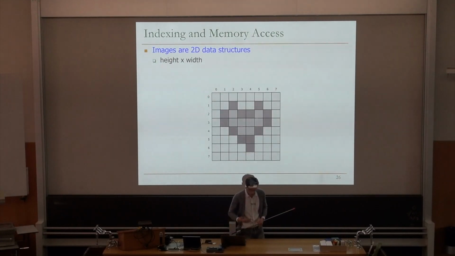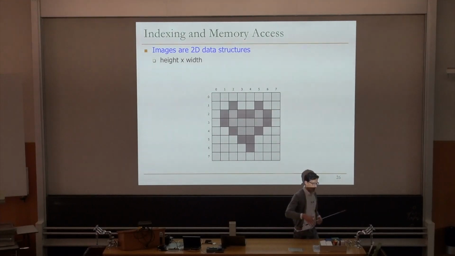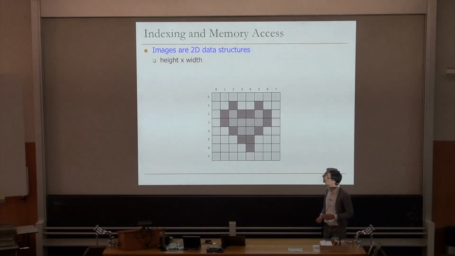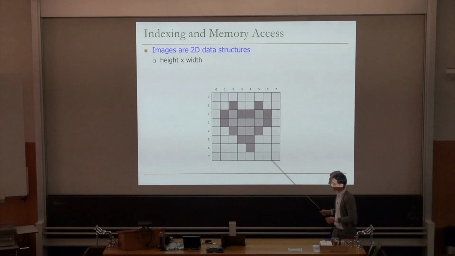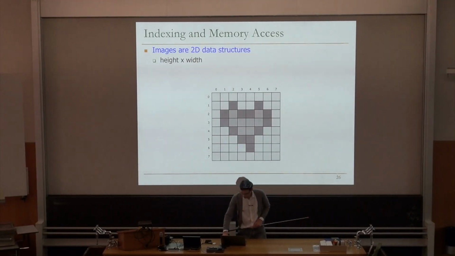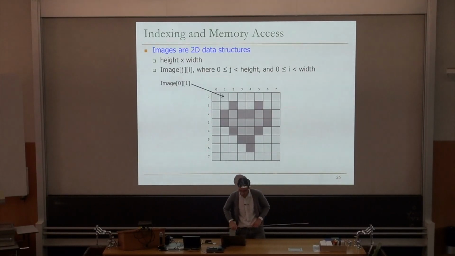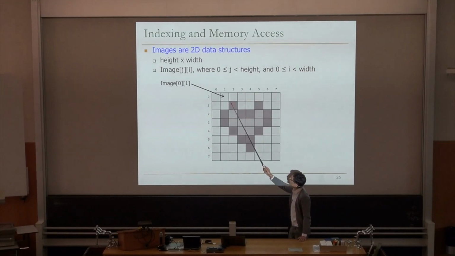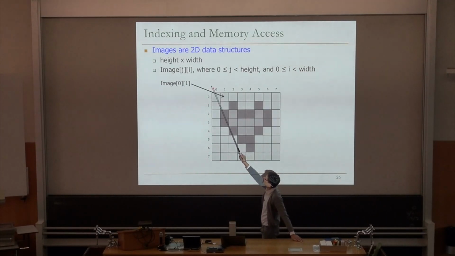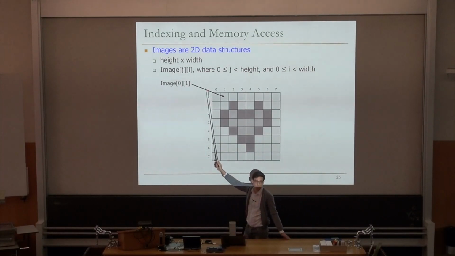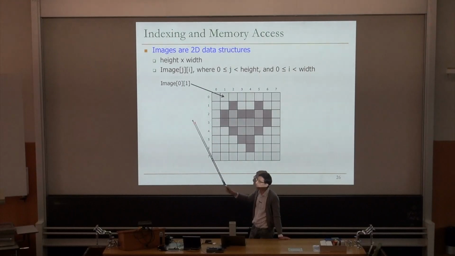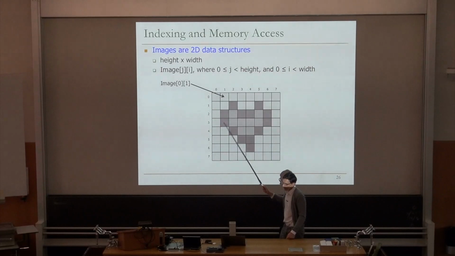So we consider one image with a certain height and a certain width. In this case, the image is a square, 8 times 8. And you know that if we want to access one of these pixels, we indicate what's the row and what's the column that we want to read, the specific location where the pixel is in the image.